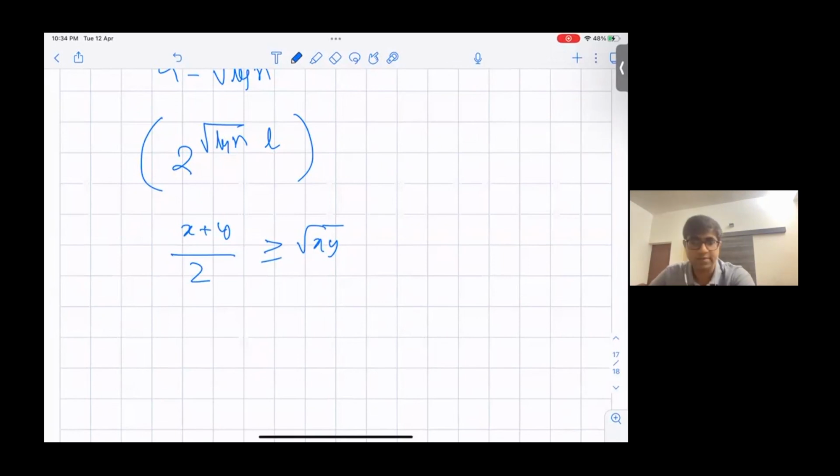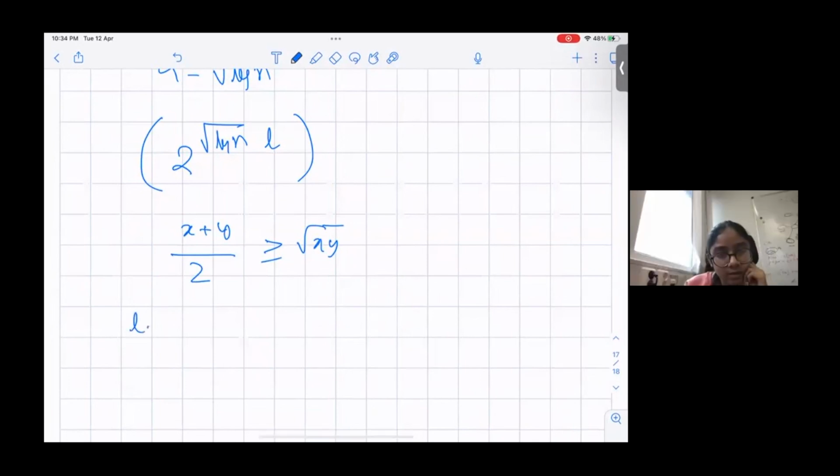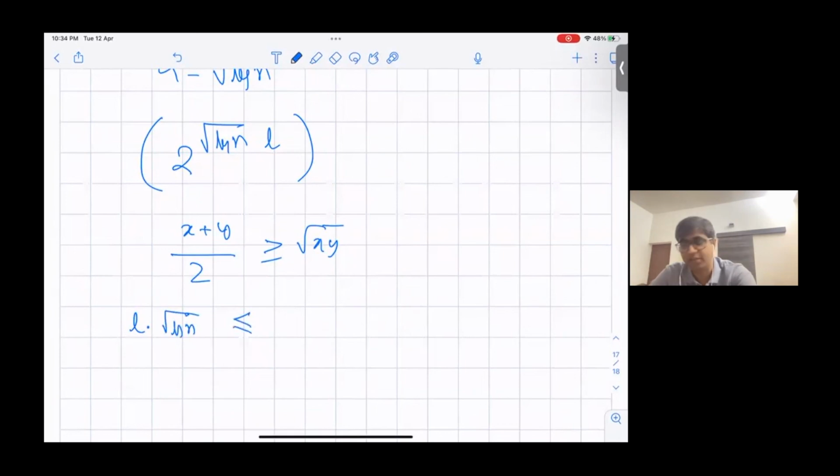So can I try to apply this here? Maybe x equal to log n and y equal to 1. What can I say using AM-GM? What is this less than or equal to? Can I apply AM-GM here? Anybody?